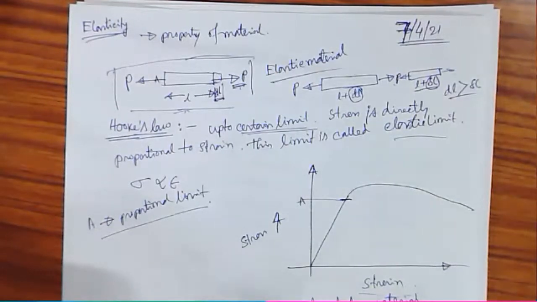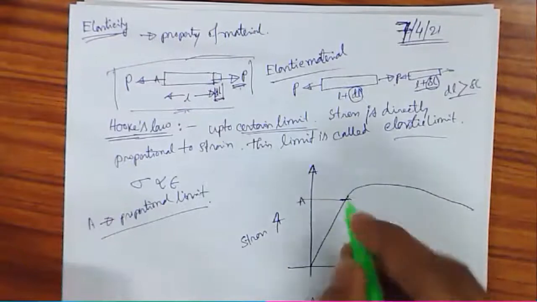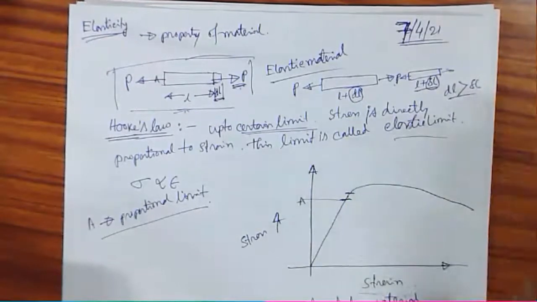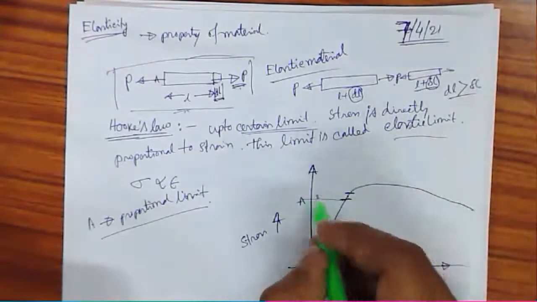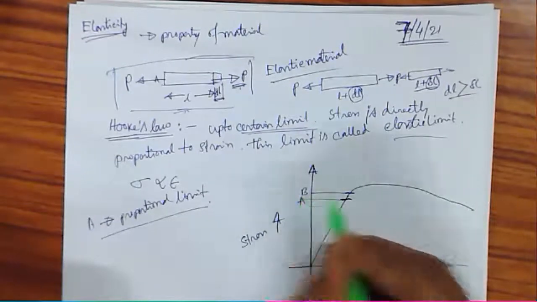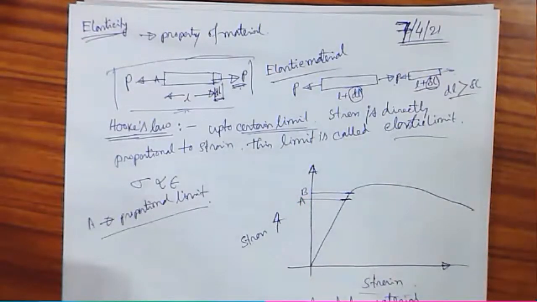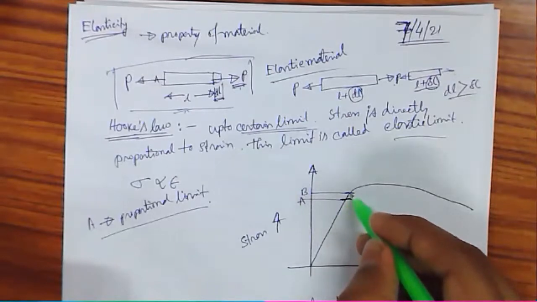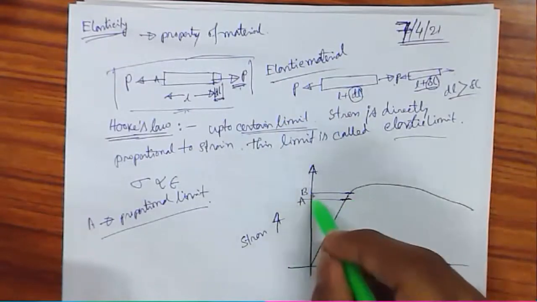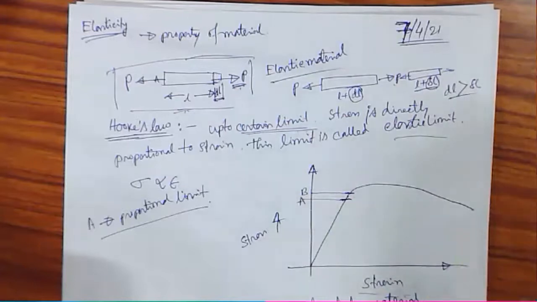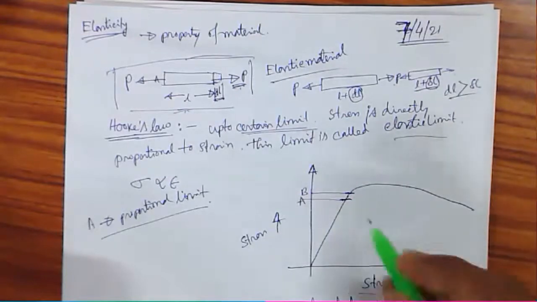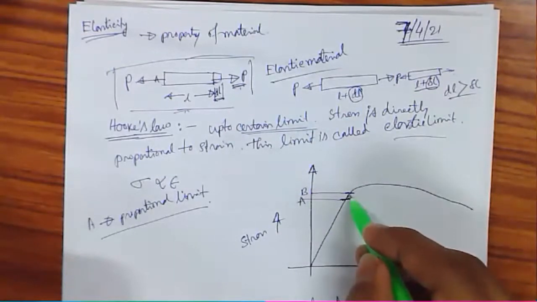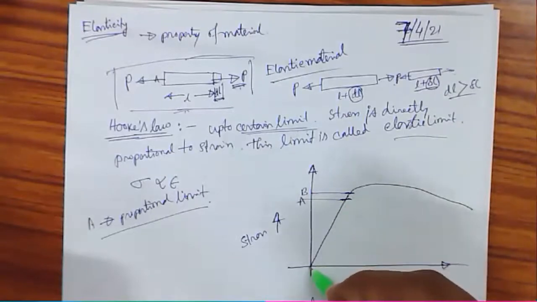Upon removal of load up to a certain limit, which we call B, up to the stress level B, if we remove the load, the object will go back to zero strain.